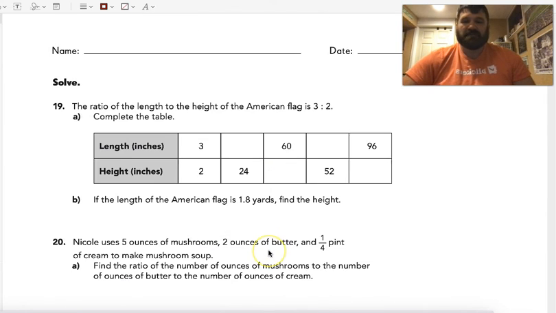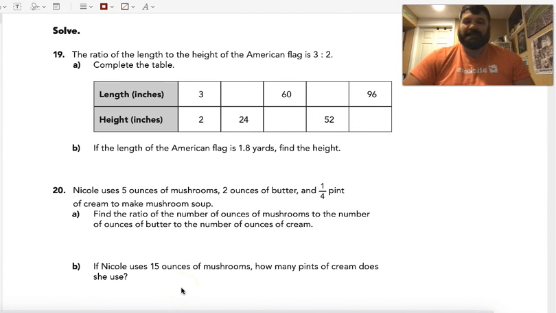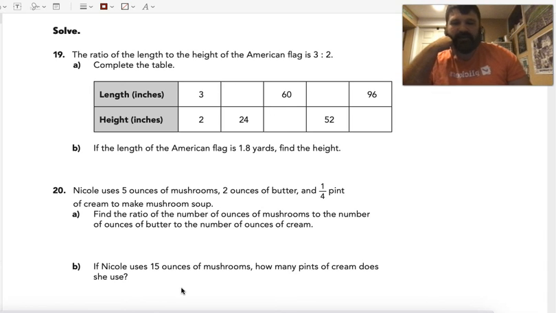All right, you should be able to get some of these done. Let's get to number 19. So if the ratio of the length to the height of the American flag is 3 to 2, okay, we've got to figure it out. Well, how do we get to 24 from 2? Well, we multiply it by 12.